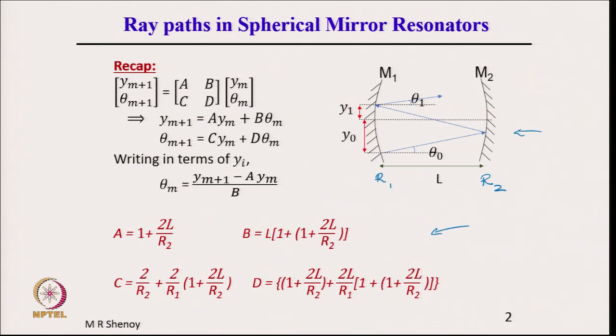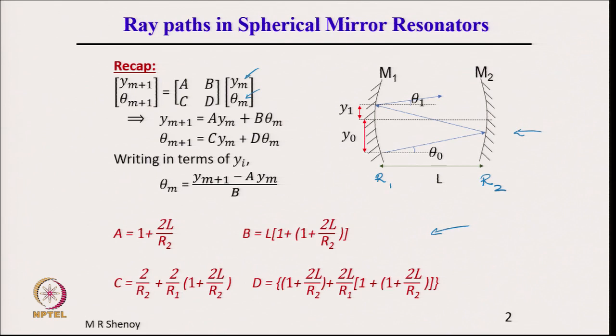Using the ray transfer matrix, if y_m and theta_m are the coordinates of a ray after m round trips, then the coordinates corresponding to the (m+1)th round trip are given by this. Therefore, we can write y_(m+1) = A y_m + B theta_m, and theta_(m+1) = C y_m + D theta_m.